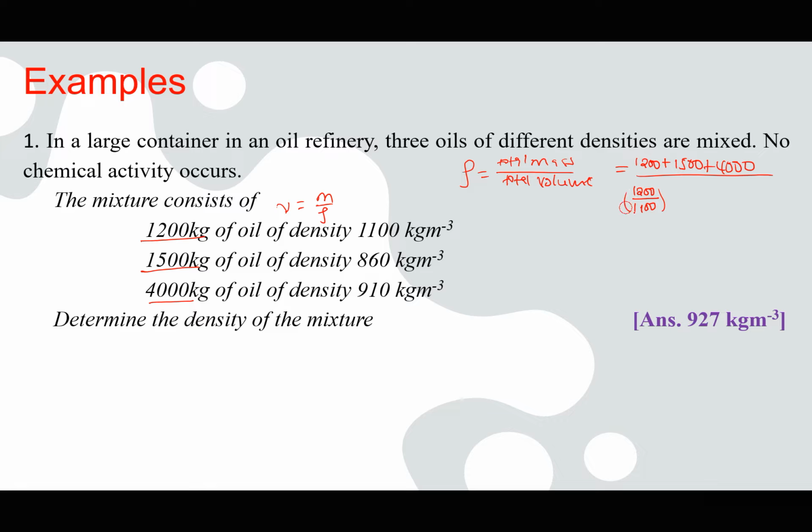That is the volume of the first oil, plus, for the second oil, sorry, it is 1,500 divided by 860. Then plus the last one, 4,000 divided by 910. So I'll try to simplify this with my calculator.